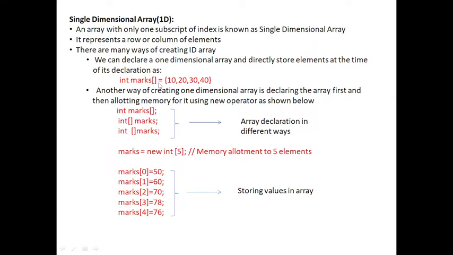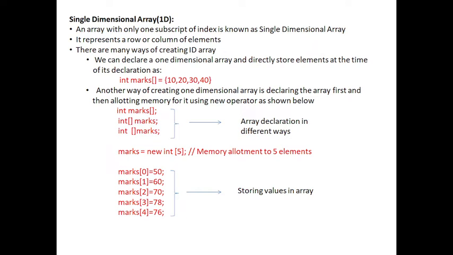In this array we are going to store either row elements or column elements, not both. Both row and column combination is not possible to store in the case of single dimensional array. If you want to store only row elements or column elements, then it is preferable, right? The subscript or index represents either row or column elements, but not both.